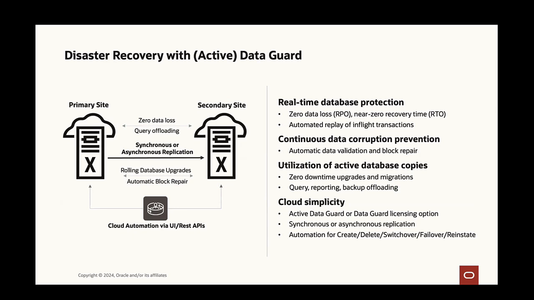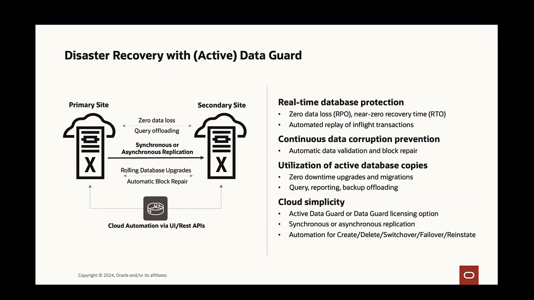So you can choose between synchronous or asynchronous transport of data to the disaster recovery or DR site. So this would optimize for performance or zero data loss. And then Data Guard also provides continuous data corruption prevention.